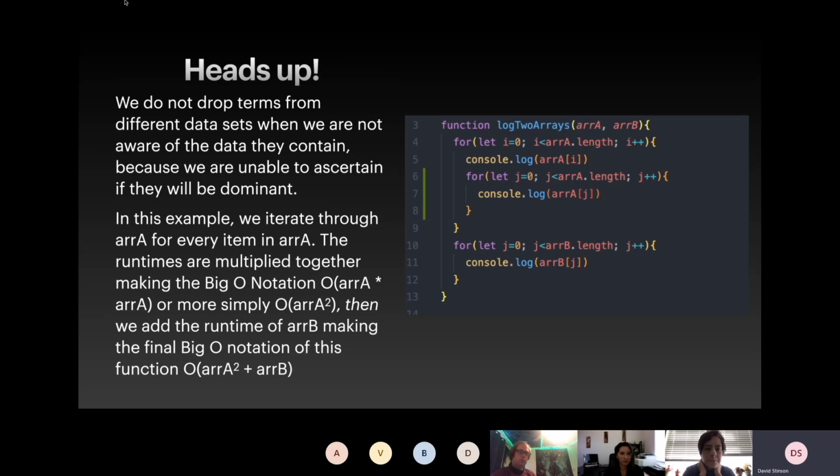There's another curveball associated with this. We don't drop terms from different data sets when we're not aware of the data that they contain.